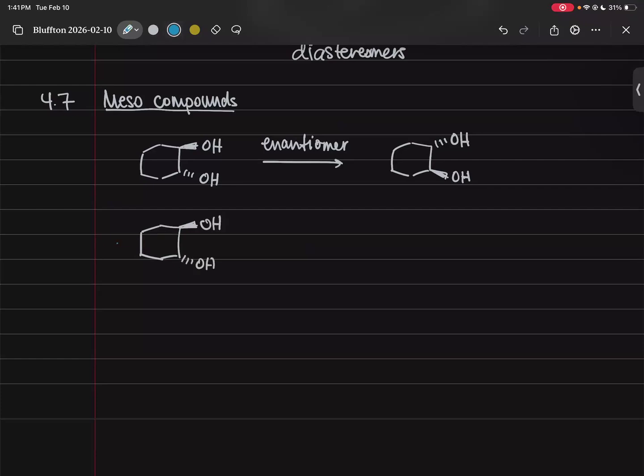So I'm going to use this axis here, and we're going to rotate it. Wish I could do a headstand here. That'd be helpful. But okay, so let's look at the bottom OH.